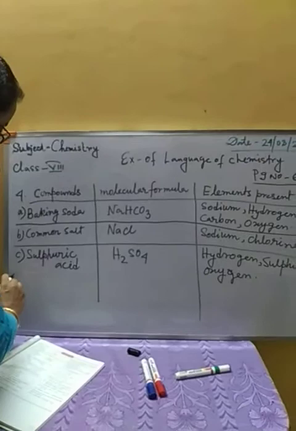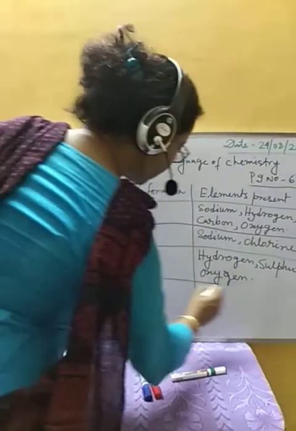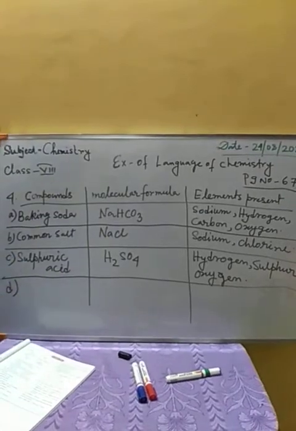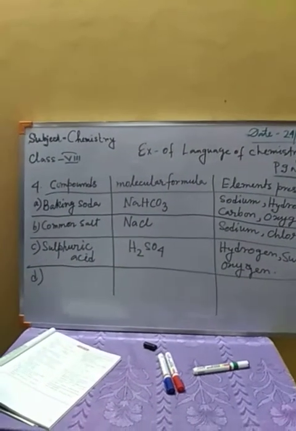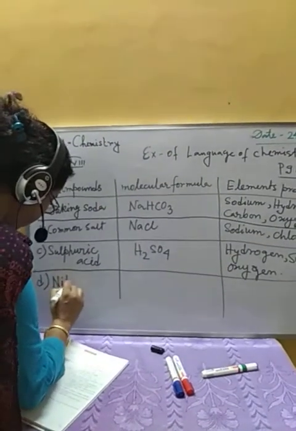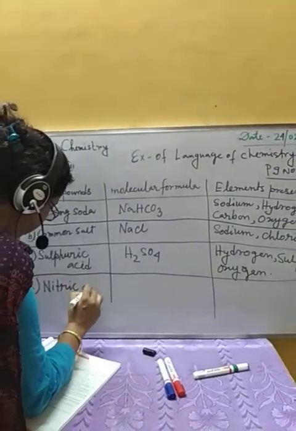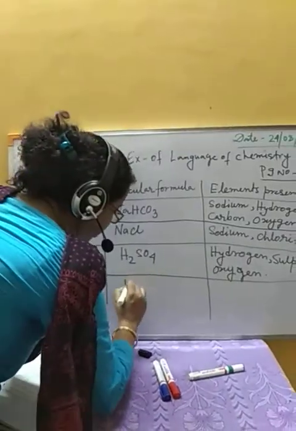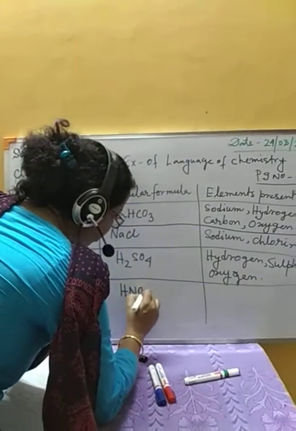Next, number D, that is nitric acid. This is another acid. Its molecular formula is HNO3.